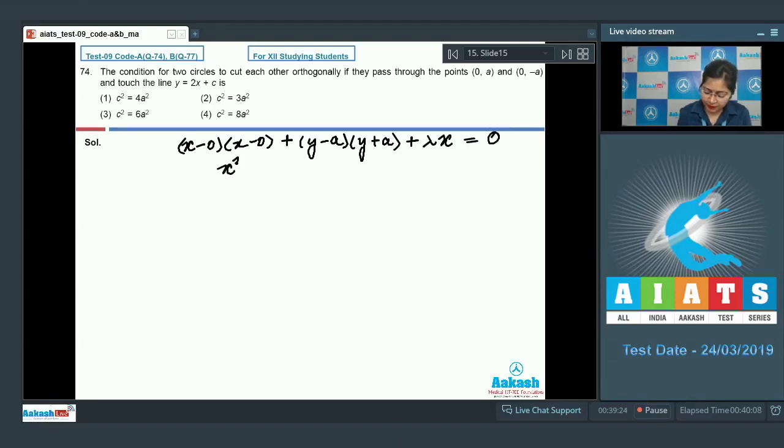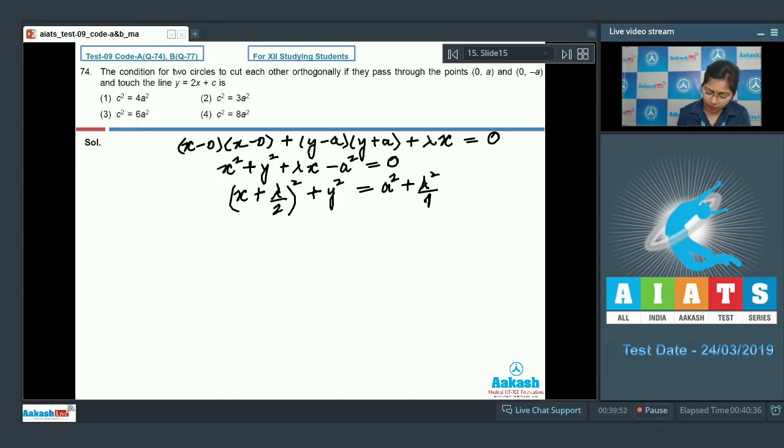So this gives me x square plus y square plus lambda x minus a square equal to 0. Now it can also be written as (x + lambda/2) whole square plus y square equal to a square plus lambda square upon 4. So this is the equation of circle.